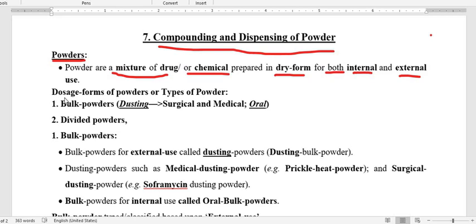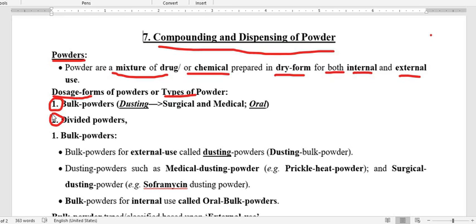There are only two types of powder, that is bulk powder and divided powder.